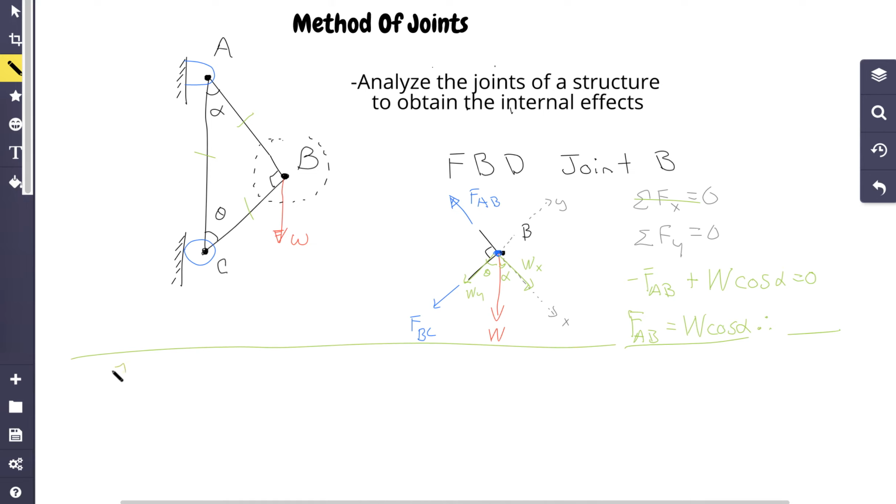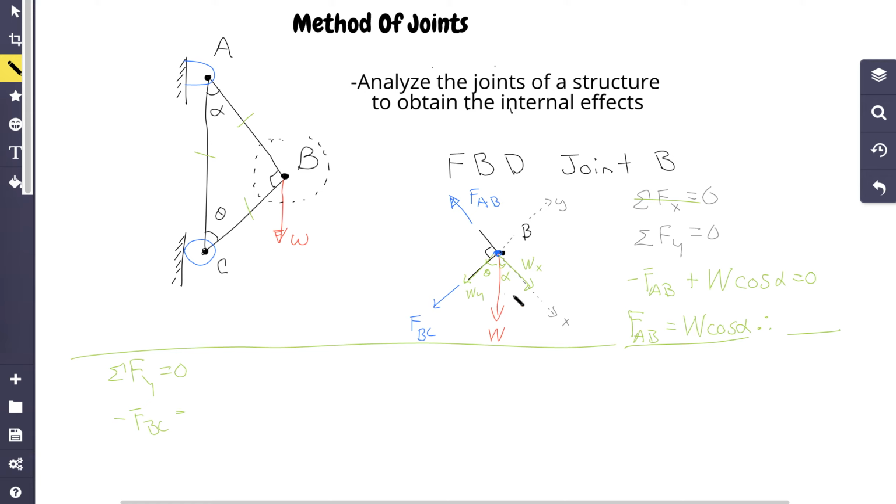So we could say the sum of the forces in the y direction is equal to 0. So in this case, we have negative FBC minus, remember that the y is positive up there, minus this WY.